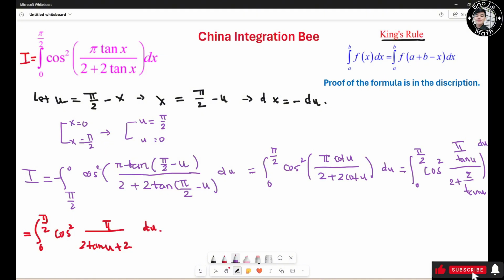Now I need to change the variable, so this is the same thing as the integral from 0 to pi over 2 of cosine square of pi over 2 tangent x plus 2, dx. And this is the same thing as I, by the formula right here.